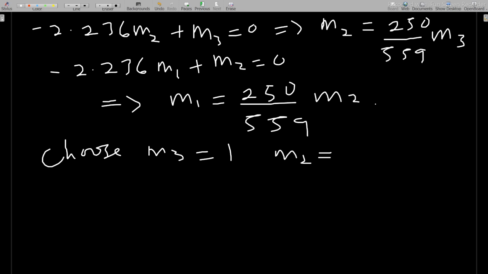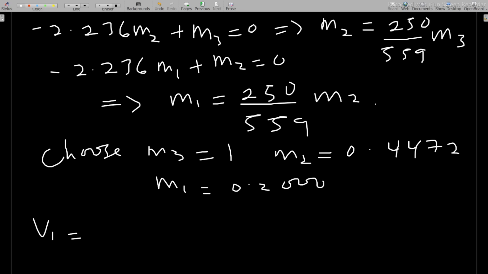So if you choose m3 equals 1, you have m2 equals 250 over 559, which is 0.4472 to 4 decimal places, and then m1 will be equal to 0.2000.